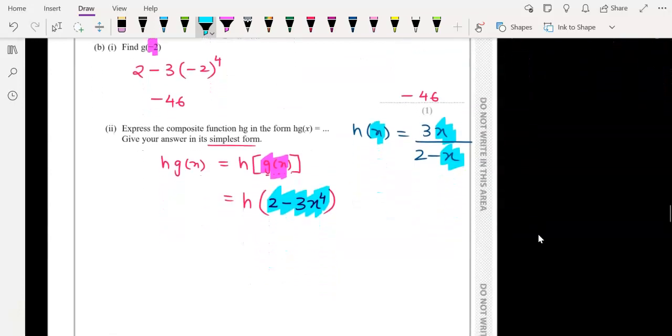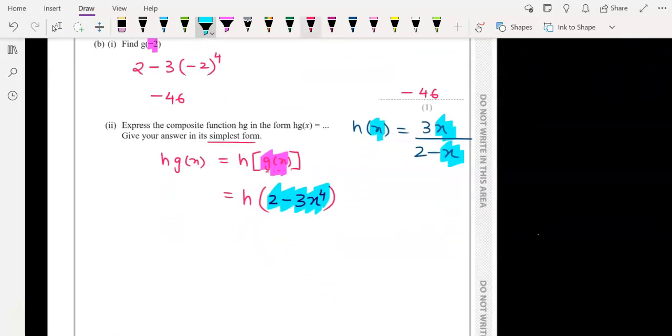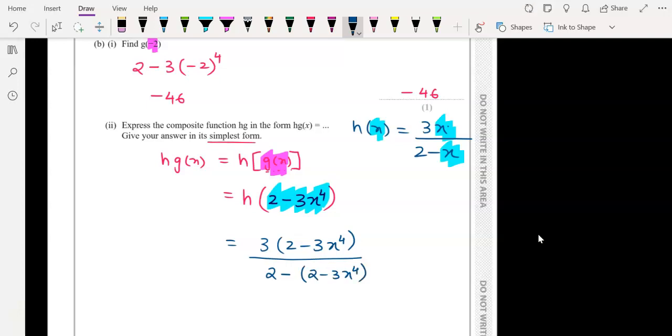So you will get 3 times the bracket 2 minus (3x) to the power of 4. Same thing in the denominator: 2 minus, in brackets, 2 minus (3x) to the power of 4. Now if I don't put a bracket, the minus sign will go only to the first term and not to the second term.